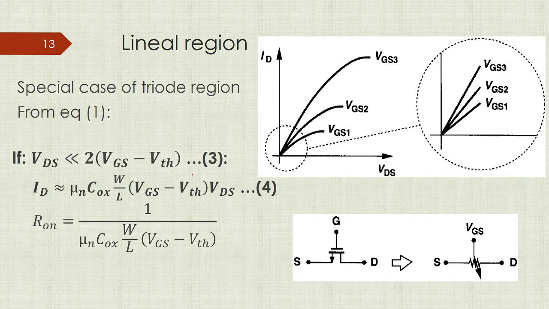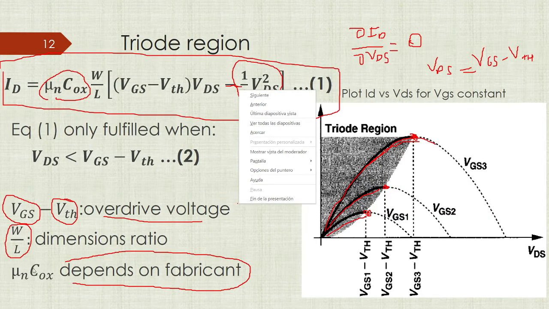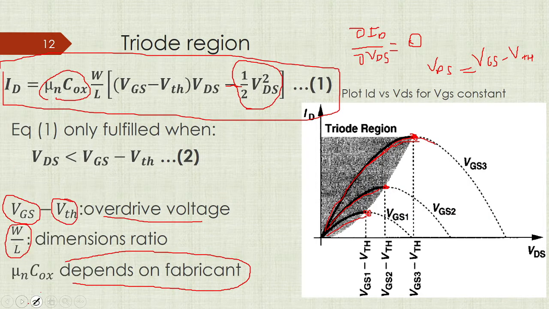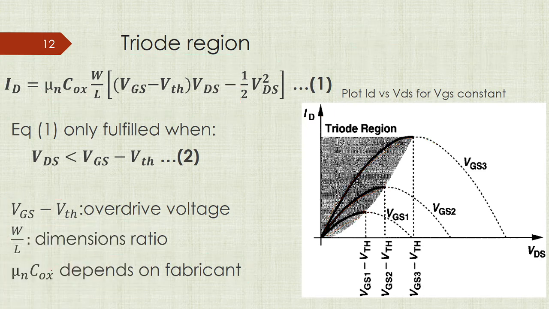Now we will move to a subregion, the linear region. This is just a special case of the triode region. If the drain source voltage is very small, we can neglect this term and we can simplify the current as a relationship only with the first term.